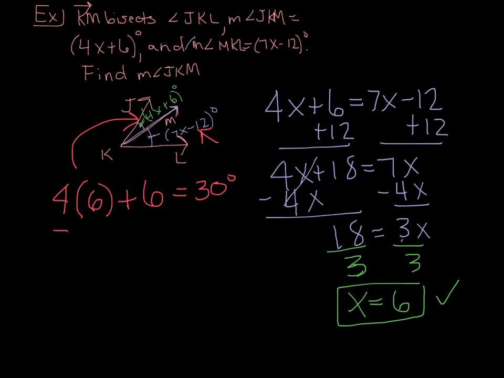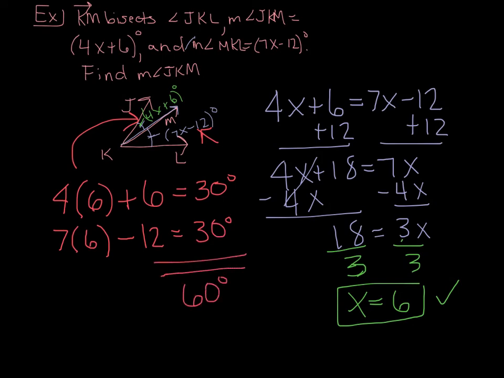But just for the sake of checking our work, I'll plug it in. 7 times 6 is 42, minus 12 gives us 30. So each of these is 30 degrees, so that means the measure of our entire angle JKM is equal to 60 degrees.